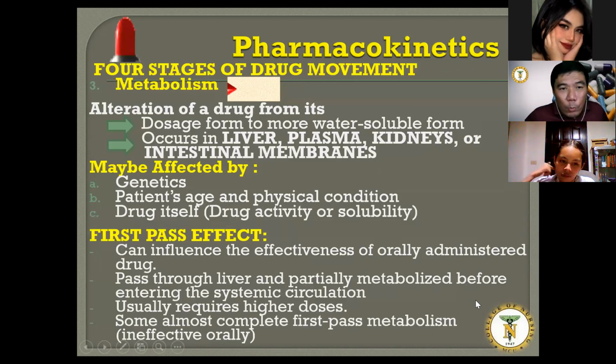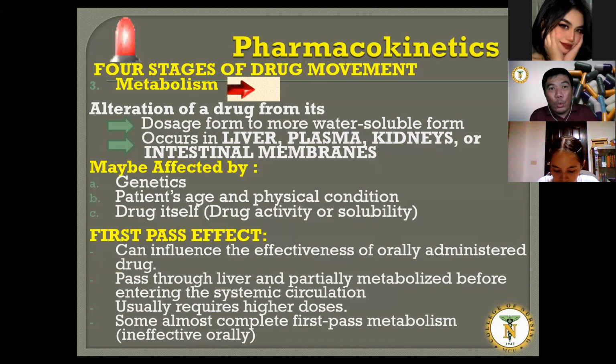Now, when we talk about the metabolism, let's go back again to the action pertaining to the absorption. Absorption is AAS: area of administration or administration site. Another A is across tissues. Letter S is systemic circulation. It stops with systemic circulation. That's absorption.